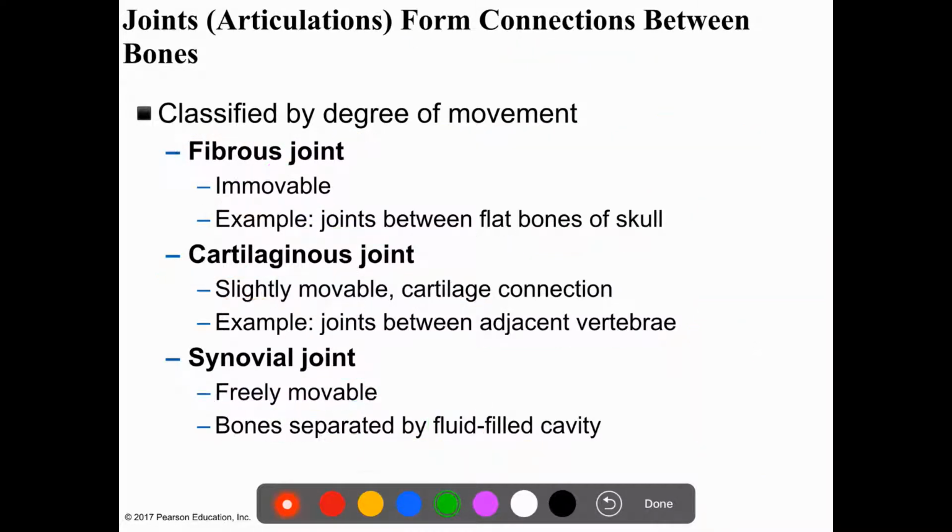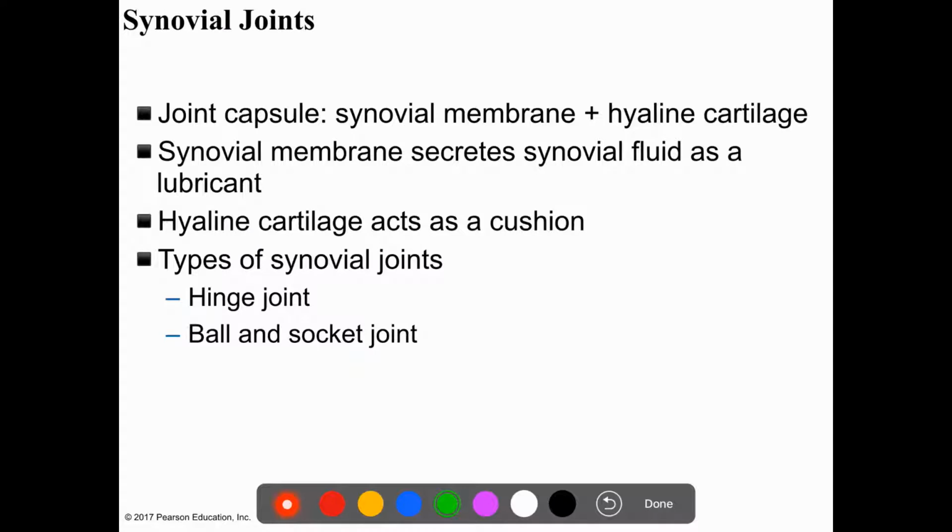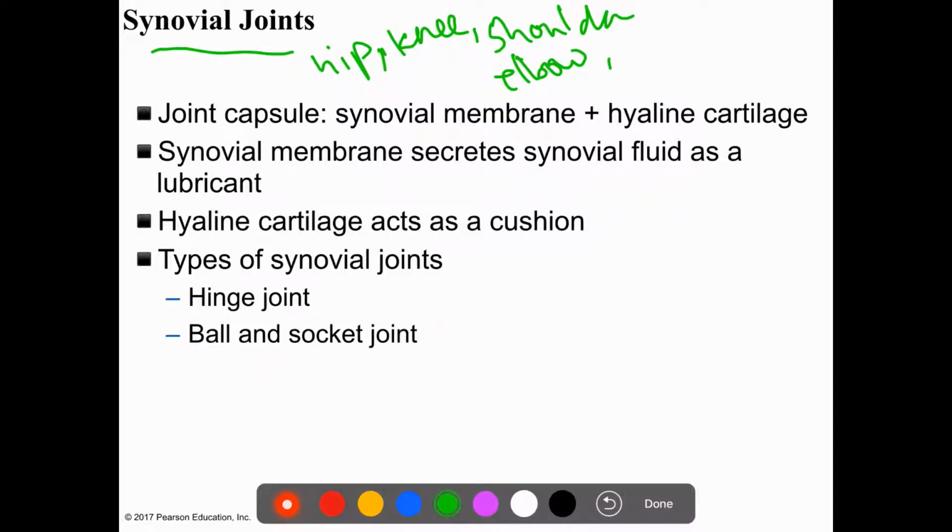The synovial joints are the most important type of joint in our body, because these are the ones enabling us to move. We are talking about the hip, the knee, the shoulder, the elbow, even our fingers.